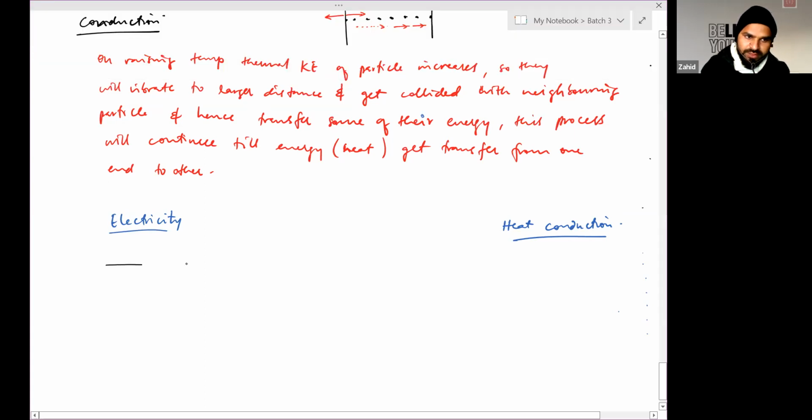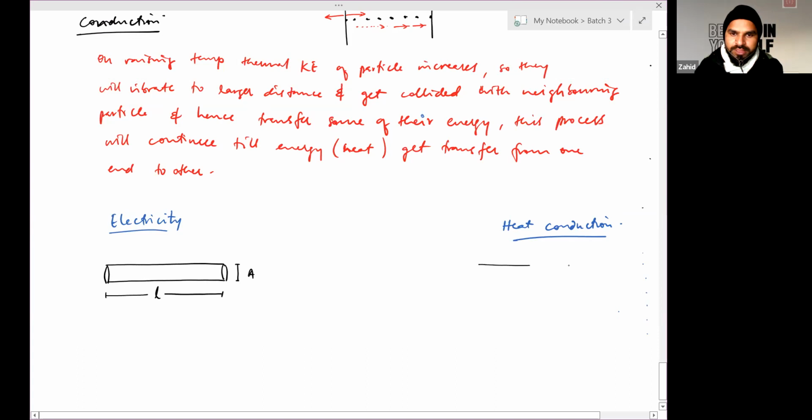Suppose we have a conductor having area of cross section A and length L. Similarly, for heat conduction, I have taken another conductor having area of cross section A and length L.